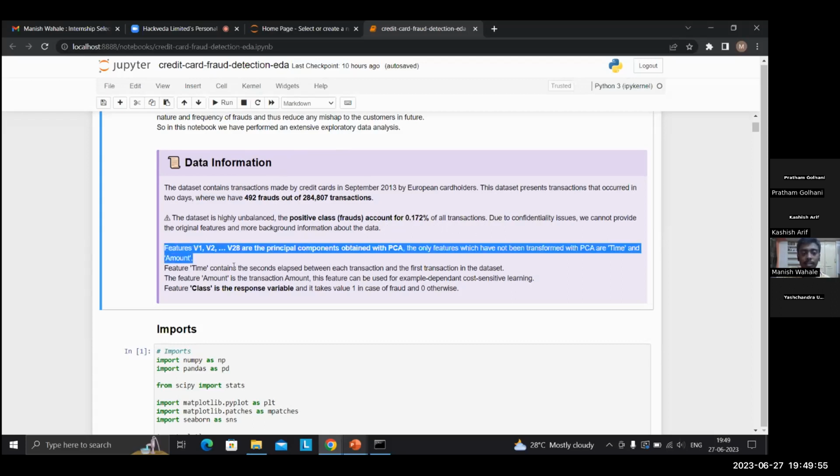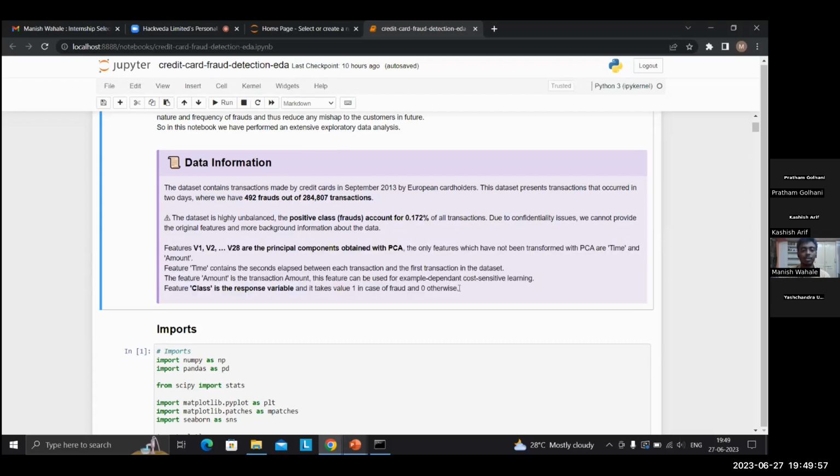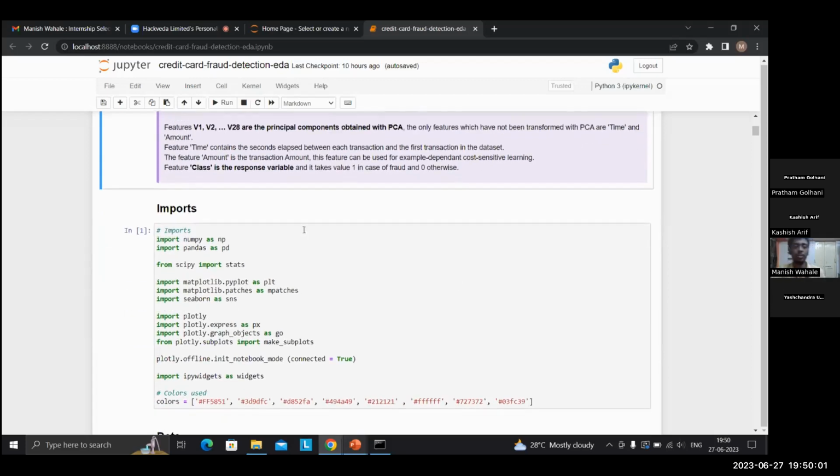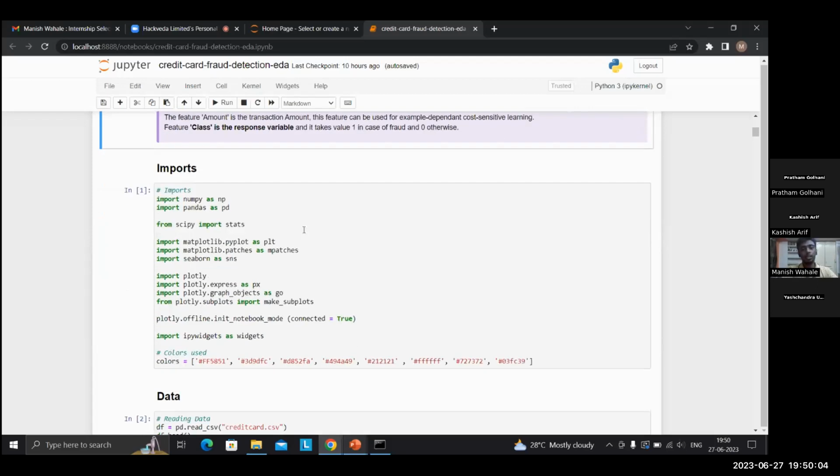Again, the features I've also discussed earlier. So let's start with the code demonstration. I've imported the necessary libraries, which will prove helpful for the analysis. NumPy and pandas are for linear algebra and handling the data.